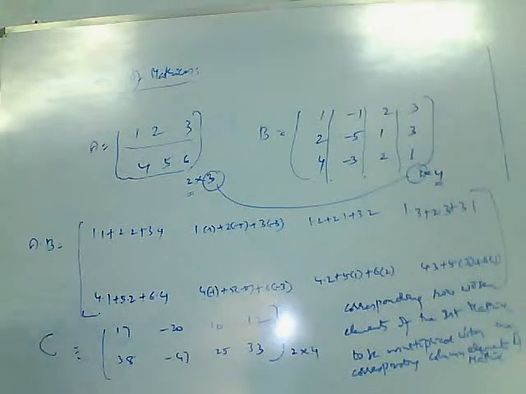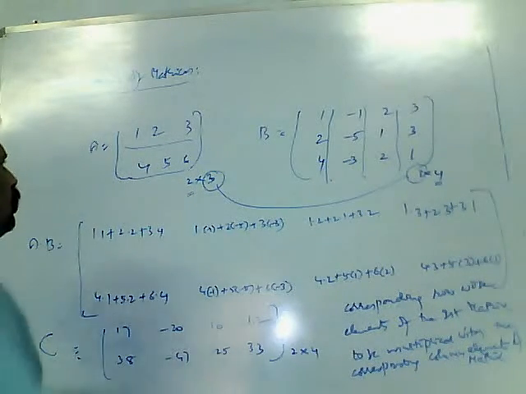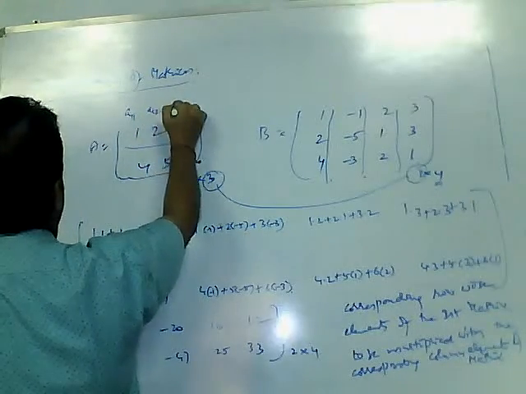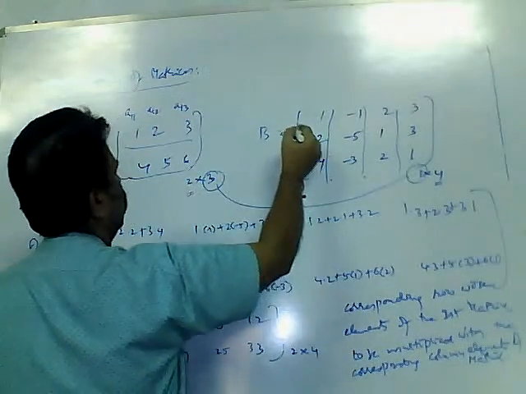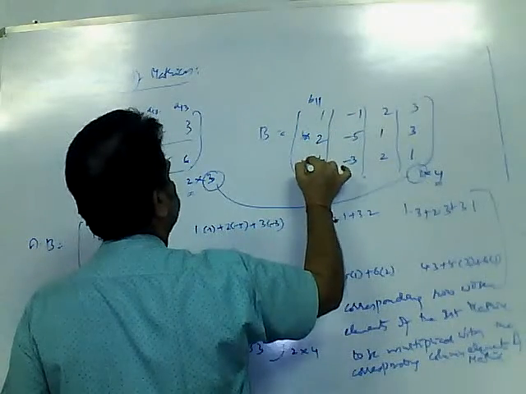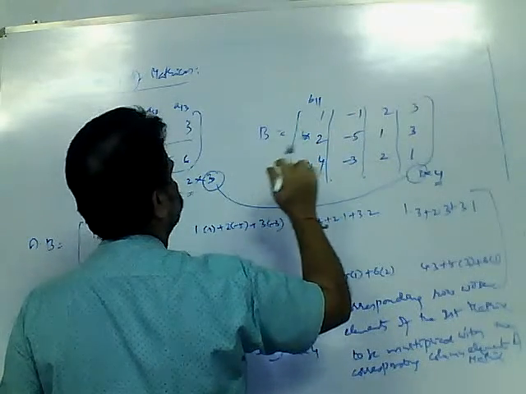So corresponding row elements of the first matrix should be multiplied with the corresponding column elements. So here I can take A11, A12, A13. Here I can take B11, B21, B31.